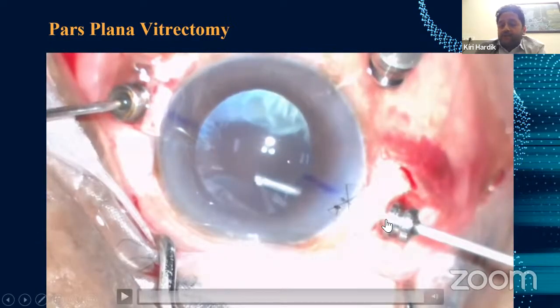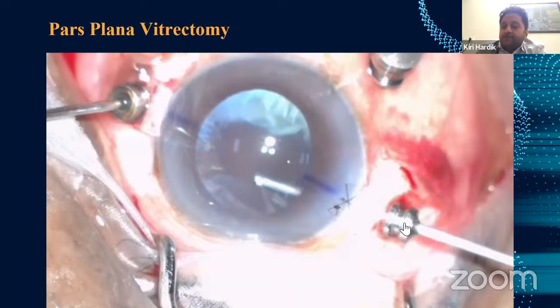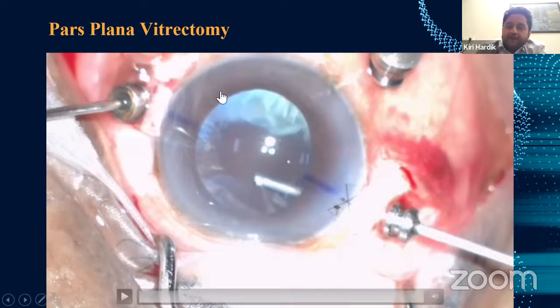Here we have put the trocar in these cases, but if the trocar is not available, you can do a localized peritomy, and around 3.5 mm from the limbus, you can enter with a 23 gauge MVR, and then you can introduce your vitrector. And instead of infusion, like in this case, you can use the irrigation cannula from the side port. So that is also another option available.